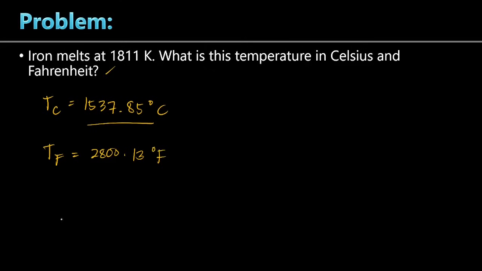Paano nga mag-convert ng Celsius to Fahrenheit? Okay, ang gagawin mo lang 32 and then plus 9/5 ng temperature in Celsius, which is 1537.85.